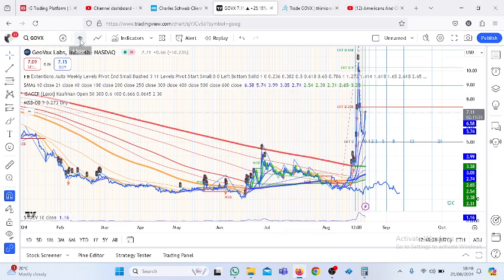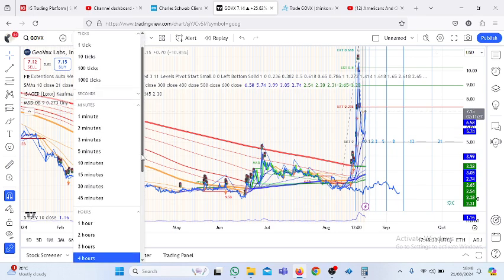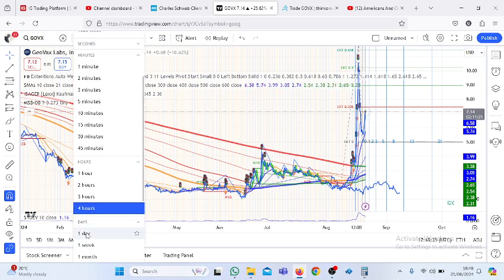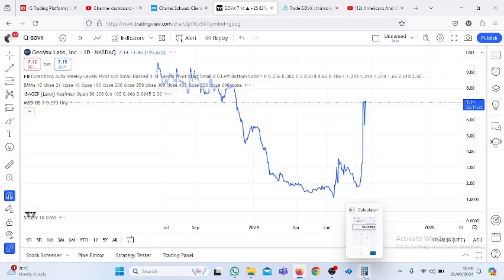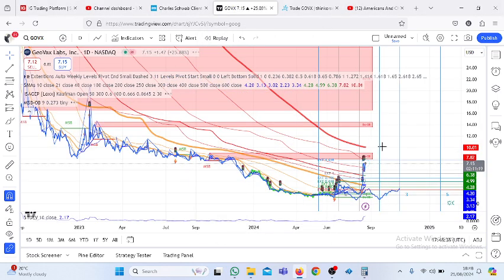So let's have a look at its daily chart here on TradingView. We might be able to see where that falls in. 18.46 will be somewhere around here.